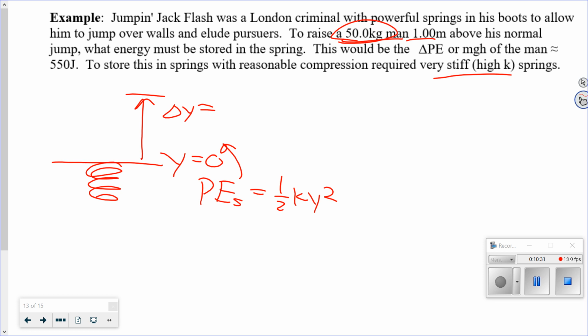In the meantime, it's going to go into kinetic energy, boost him up, and then he runs out of kinetic as it gets stored in gravitational energy. But we only need to calculate the boost, which is mgh. So I don't think it's 550 joules, I think it's 500. We need to store 500 joules.